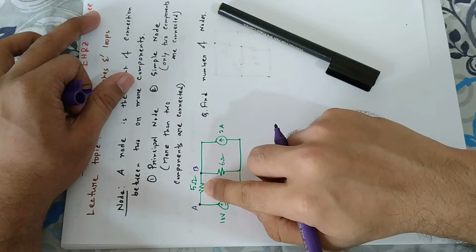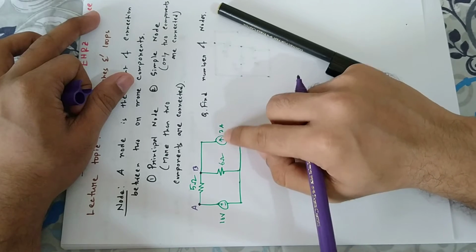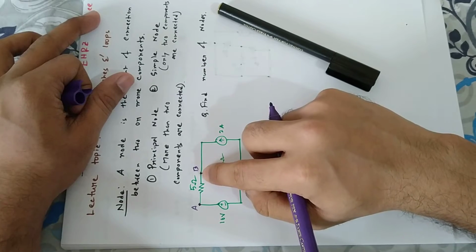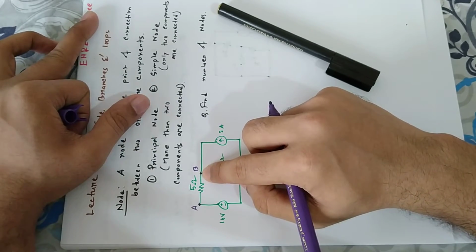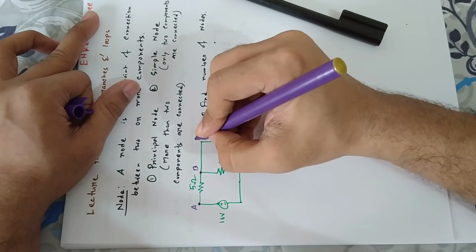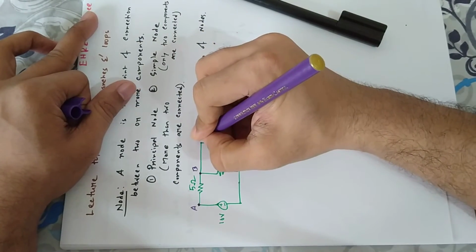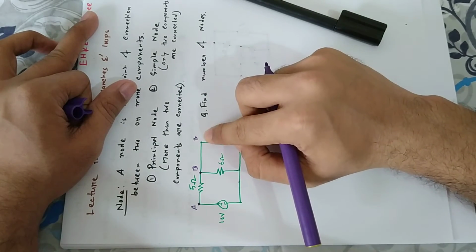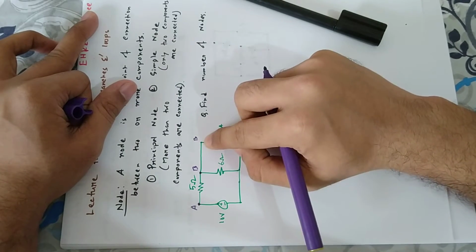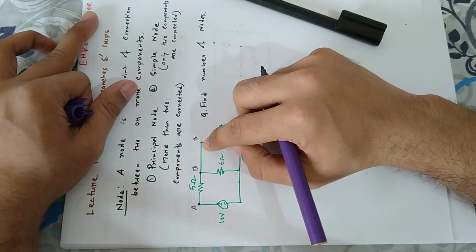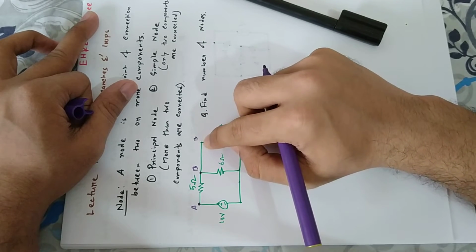Number 1, 5 ohm resistor, number 2, 6 ohm resistor, and number 3, this 2 ampere source. So this node is a principal node. You can also name this point as P also, because they are a common node. What is a common node? A common node is just a simple wire.